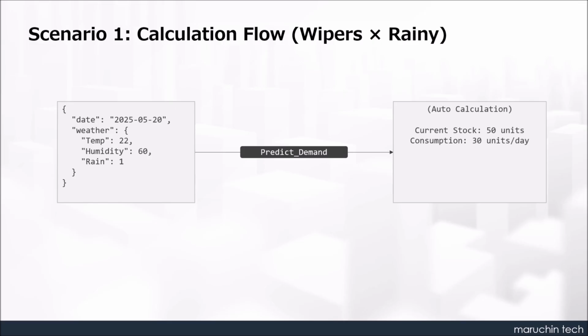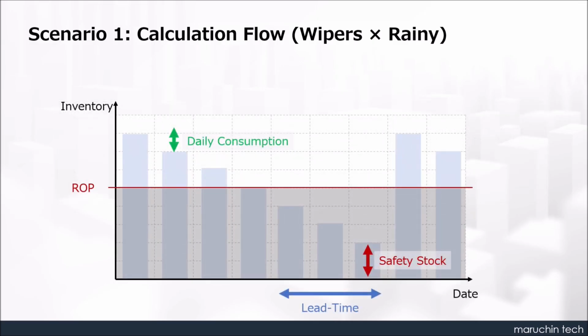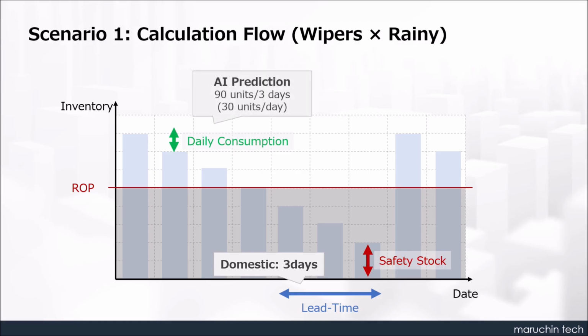Internally, the system will retrieve the current inventory from DynamoDB and execute the AI consumption prediction. View the order decision logic for this specific scenario. Since wipers are domestically sourced, the procurement lead time is 3 days. Because the lead time is short, the required inventory level is relatively low. Suppose our AI predicts a daily consumption of 30 units based on the past date and the weather data.